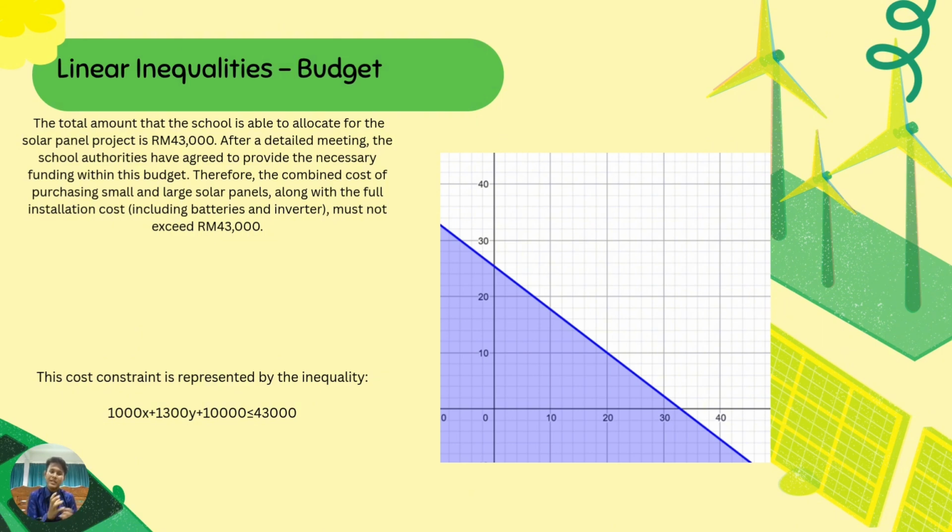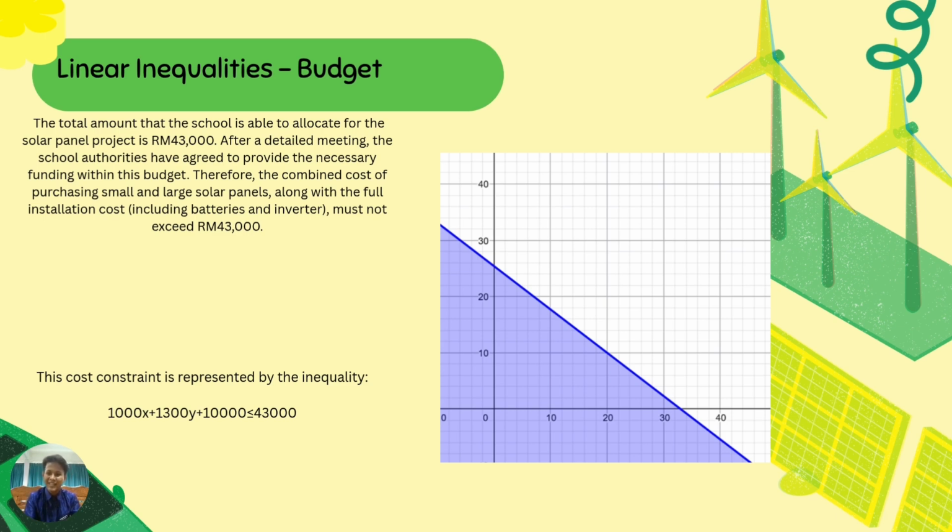Okay, this can be represented by the inequality 1000x plus 1300y plus 10,000 must not exceed, or is less than or equal to, 43,000. This inequality shows that whatever number we choose, the total cost must stay below the budget.